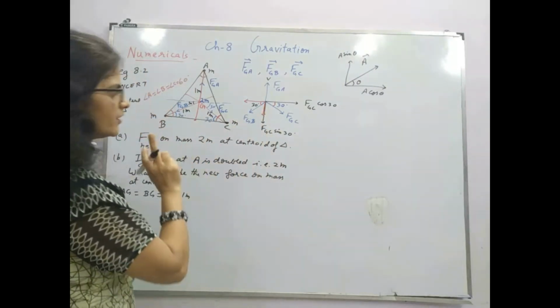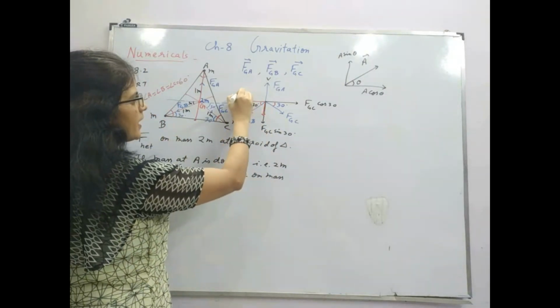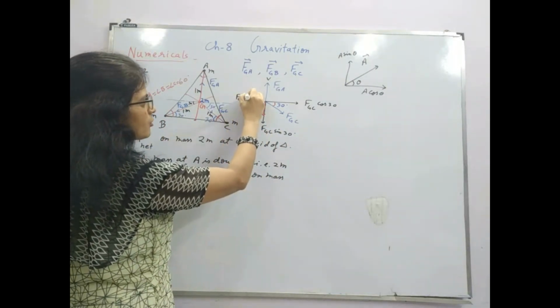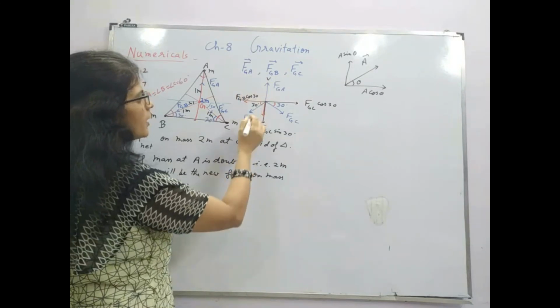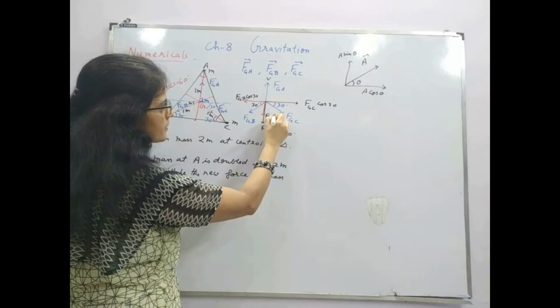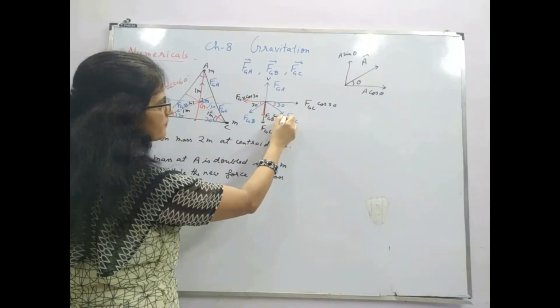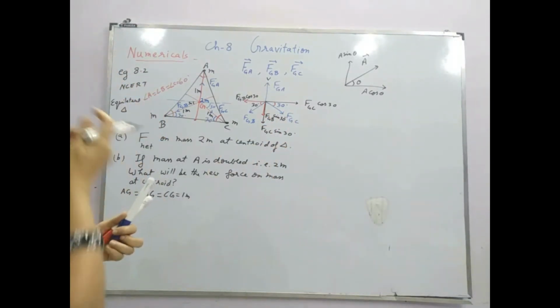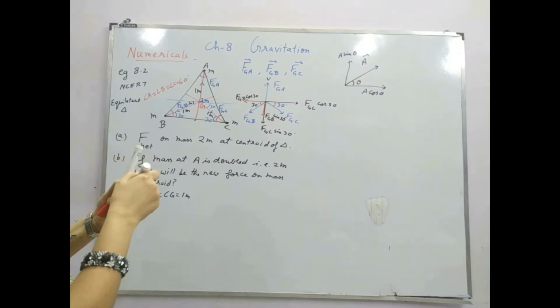So similarly, I have done this. This will be FGB cos 30 and this will be FGB sin 30, right?